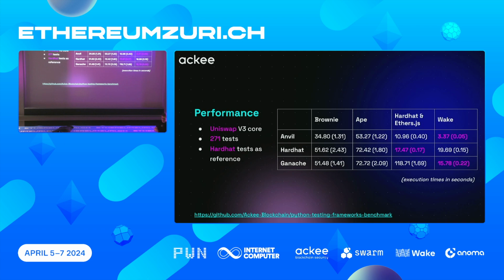And we ran those tests and measured the complete time for all the tests, and the results are in the table. So as you can see, Wake is pretty fast. It managed to run all those 271 tests in less than 4 seconds, which is, in my opinion, amazing.